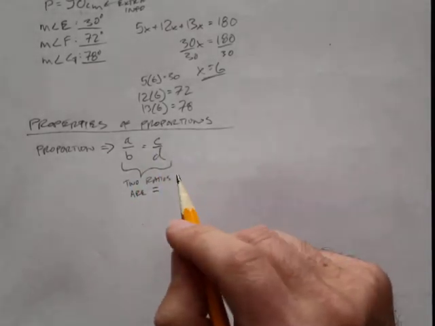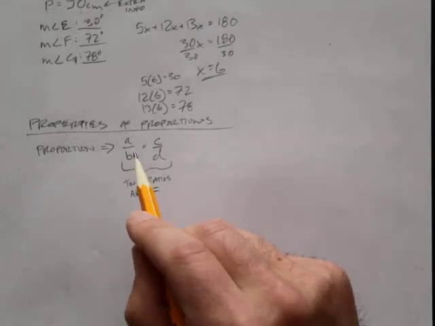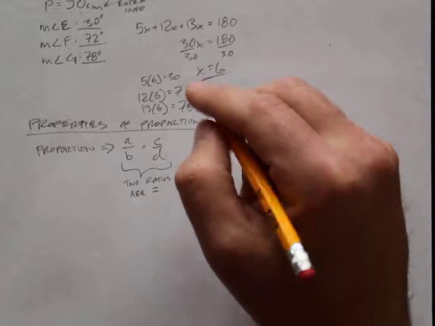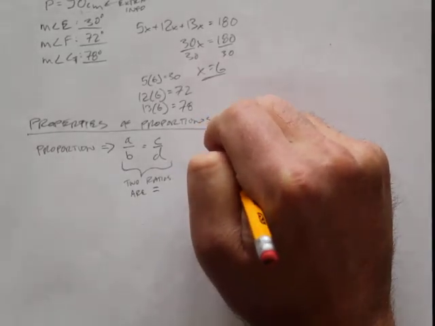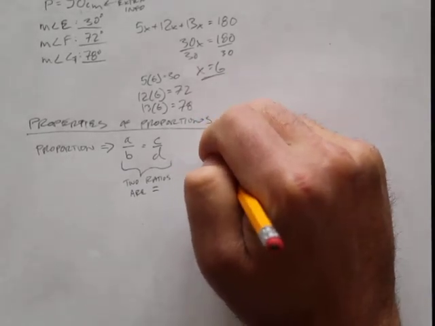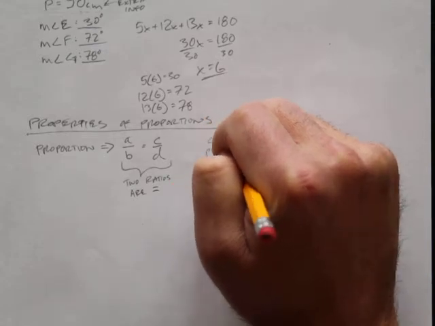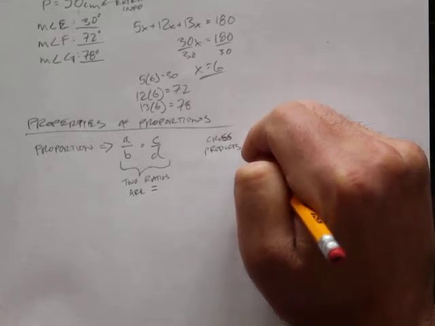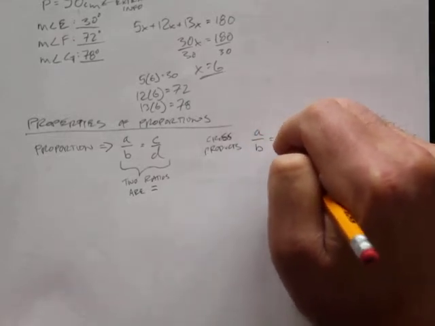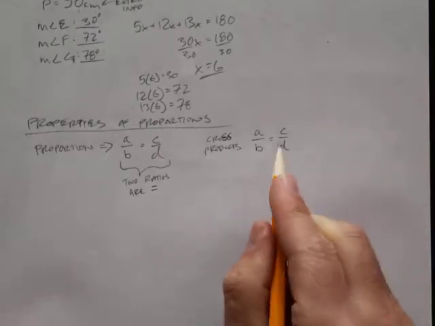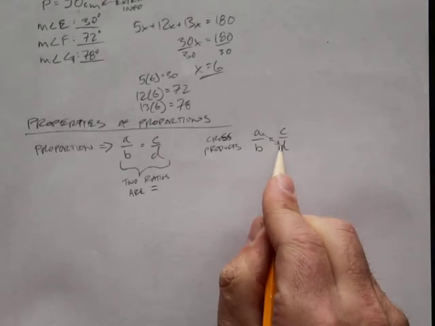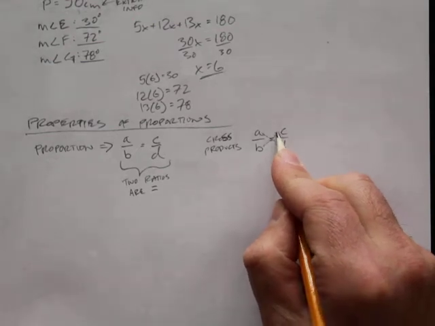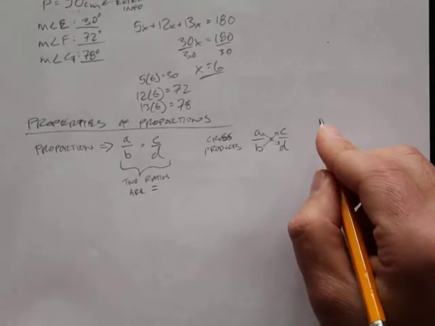And so there's a couple ways to use these. You might have heard before about cross products. The way we use cross products, using our same example, is we say the numerator of one times the denominator of the other, and the denominator of this one times the numerator of that one.